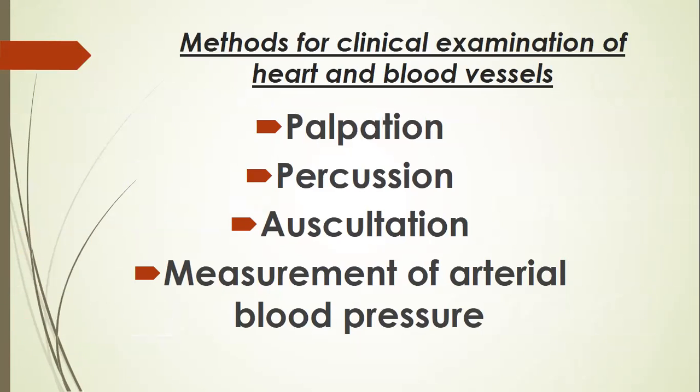Then the doctor, as a rule, uses the methods of palpation, percussion, auscultation. As a rule, they measure the arterial blood pressure, and for diagnosis use additional methods of investigation.